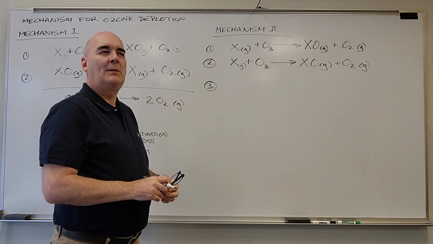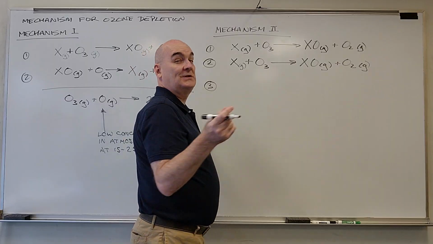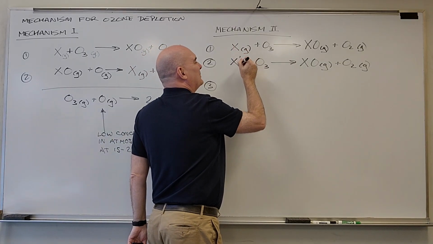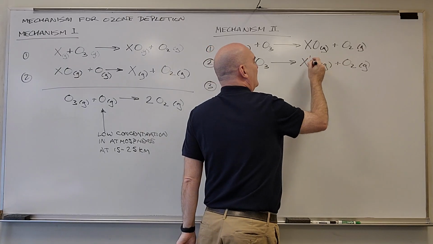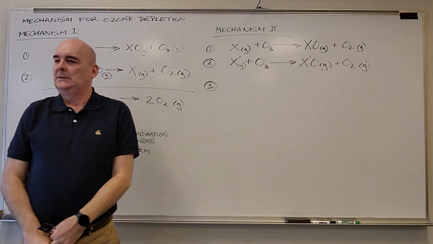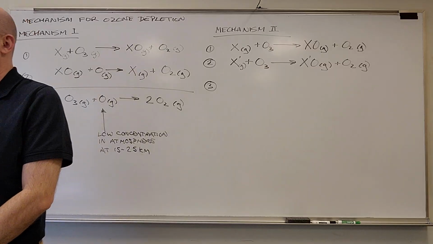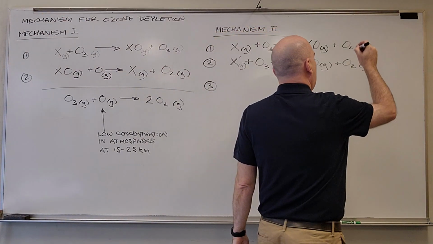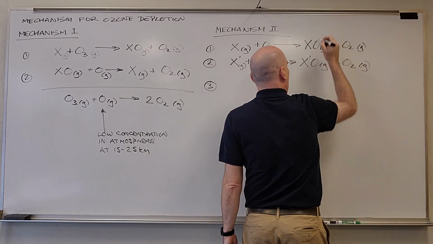Okay, so what our book does to distinguish this, and we do this in other branches of chemistry too, is just put a little prime mark there, a little apostrophe that just says these do not have to be the same as each other.